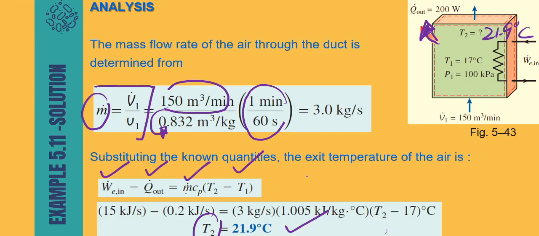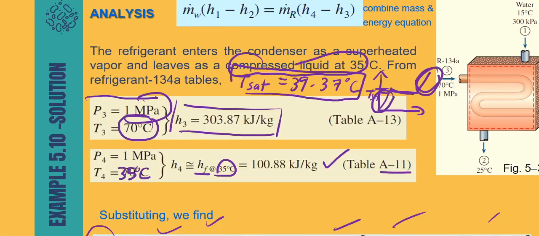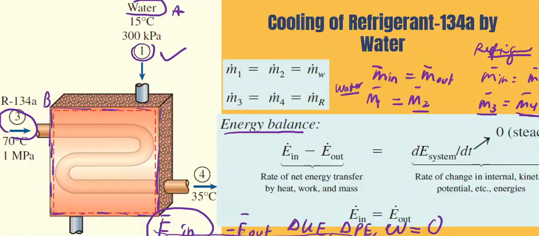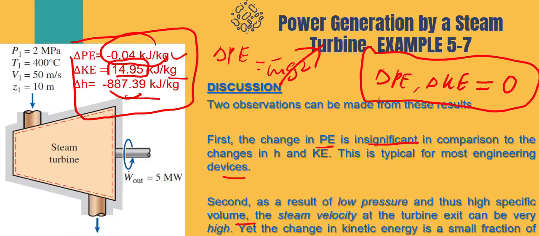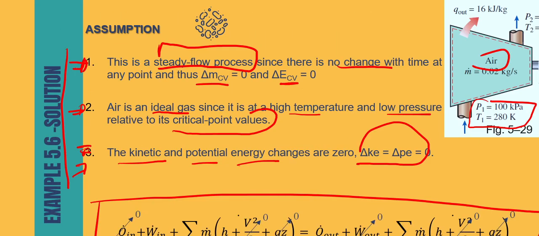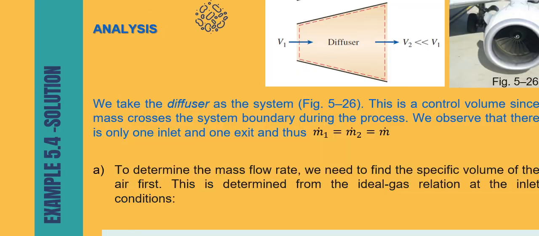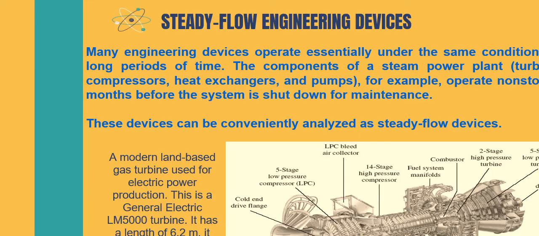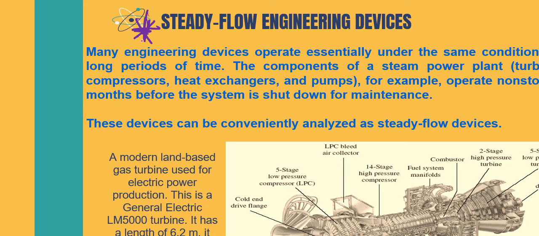I swear this part will come out in your final exam. The engineering devices, steady state engineering devices. So you need to know all the engineering devices here in this slide. I put a star here.